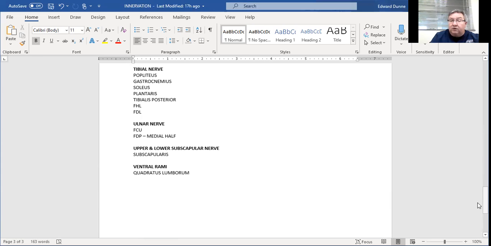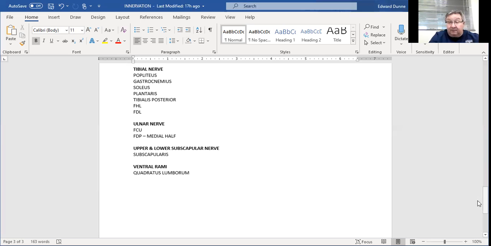The upper and lower subscapular nerve, below the scapula. So if you think below the scapula, you're thinking subscapularis. Same name, same beginning. So upper and lower subscapular nerve is the subscapularis muscle.